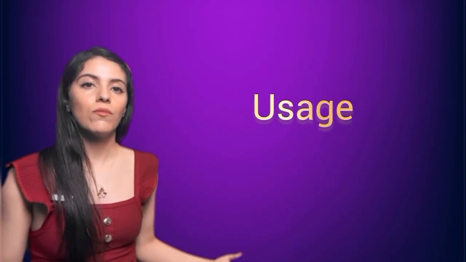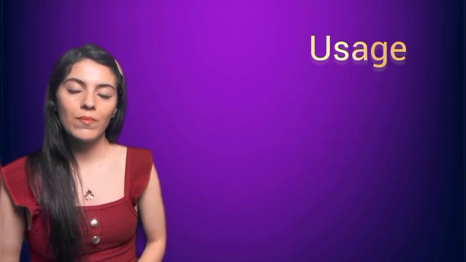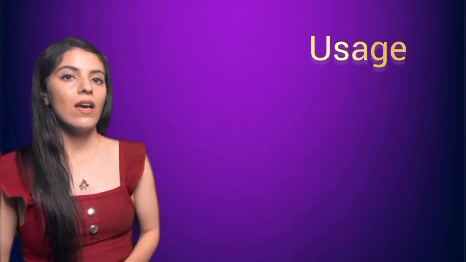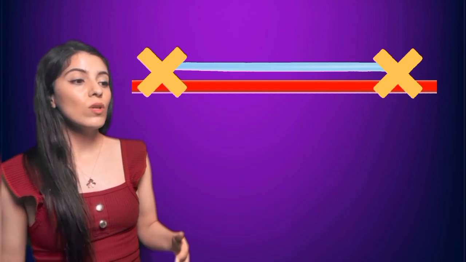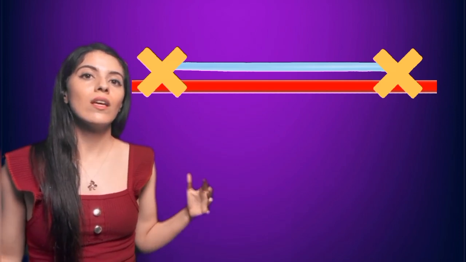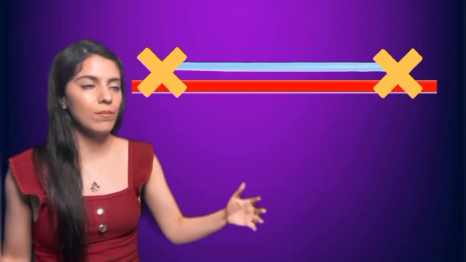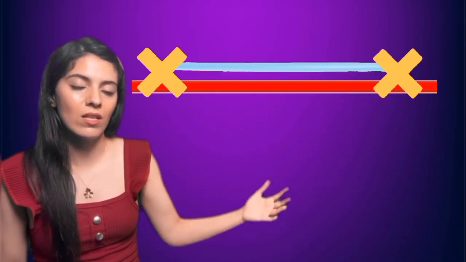Now we get to the most important part of this video, which is the usage of present perfect. As I told you at the beginning of this video, we use present perfect when we want to talk about an action that started at a time. It doesn't matter when it started.